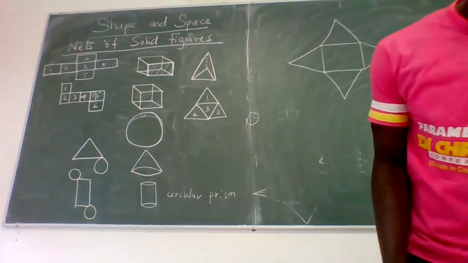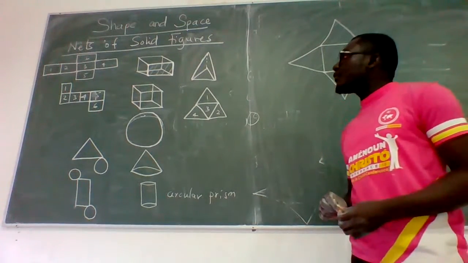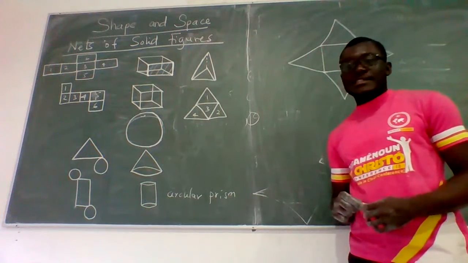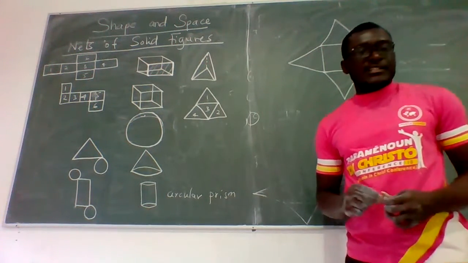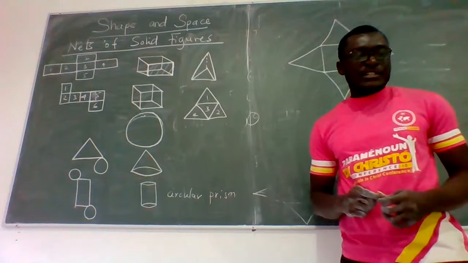That one asks how many vertices has a cuboid? That is question number 25 of 2015.